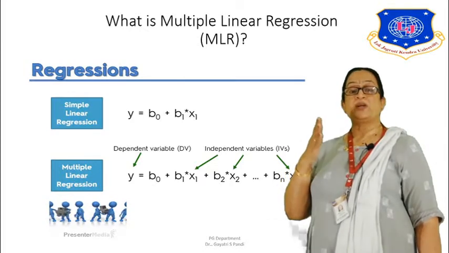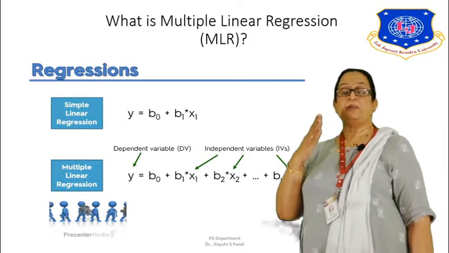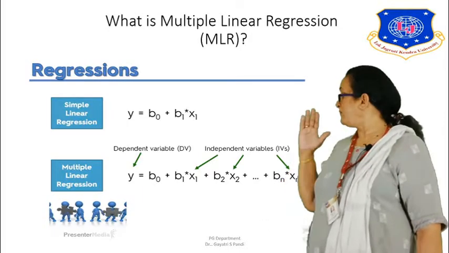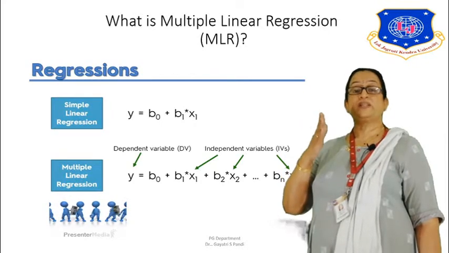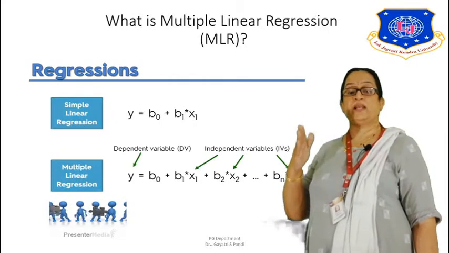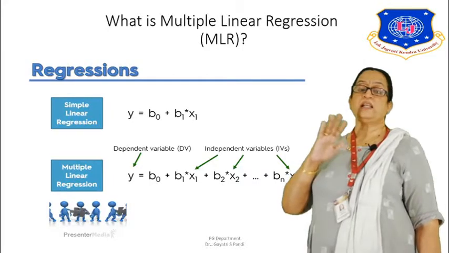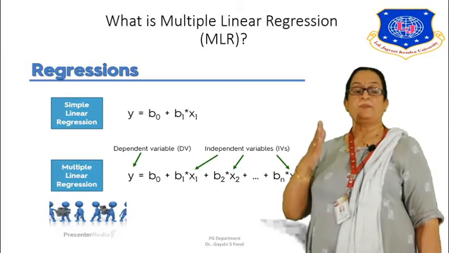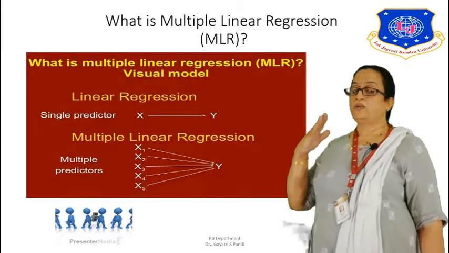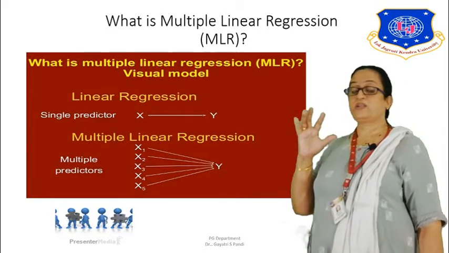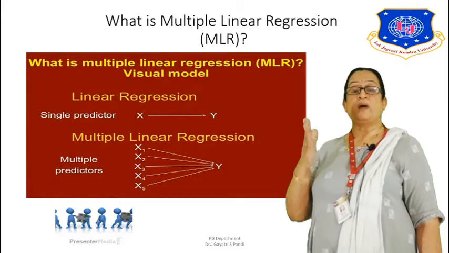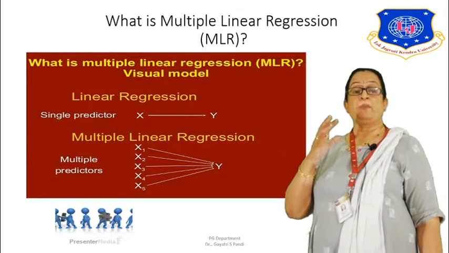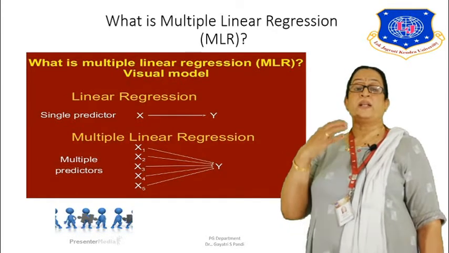Right? So the expression here is y, termed as the dependent variable, and y is equal to b0 plus b1 into x1 plus b2 into x2 and so on up to bn into xn. So this is basically termed as multiple linear regression. Now this is another representation, showing a single predictor x tending to y, where depending on the value of x you try to predict the value of y.